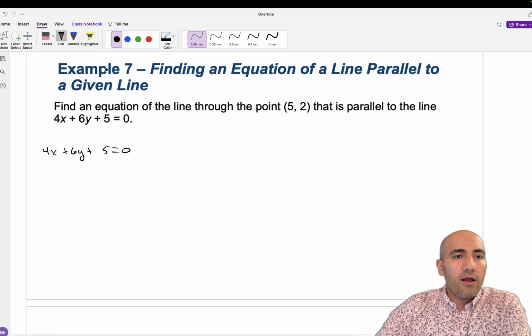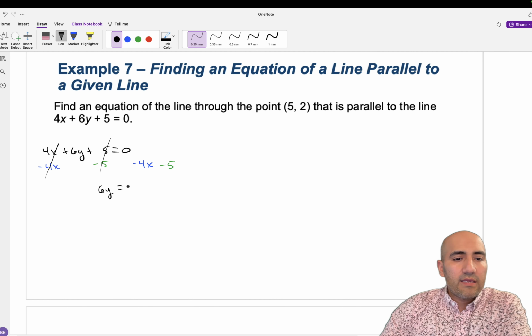To solve for y, I'm going to subtract 4x from both sides, then subtract 5 from both sides. These cancel, and the survivors will be 6y equals minus 4x minus 5.